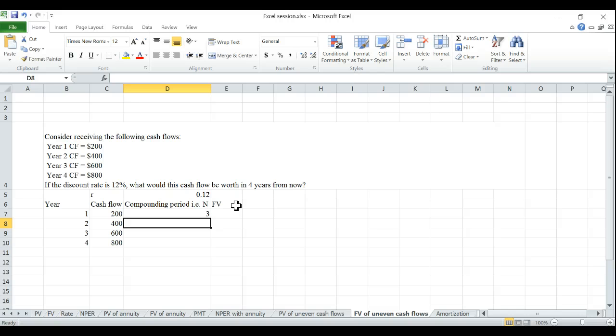Second cash flow goes to 4 in 2 periods. The third cash flow we have to compound for 1 period, and the fourth is already at time period 4, so we don't have to compound it anymore, because the goal is to bring all of them to the end of time period 4, right? So this is already at 4, the third has 1 period of compounding, the second 2, and the first cash flow 3 periods of compounding, okay?